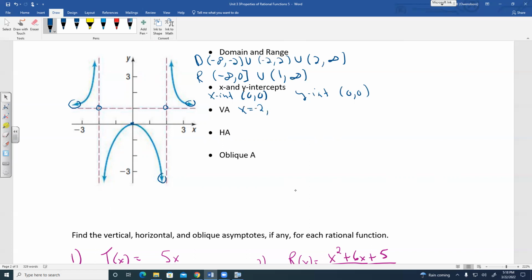We also have one at x equals 2. Those are your vertical asymptotes. So these vertical lines that are dashed are your boundary lines there. The horizontal asymptote is the one that's going from left to right, and notice how that's passing through 1. So y equals 1 would be the horizontal asymptote. And I don't see any slanted asymptotes, so there aren't any oblique asymptotes.